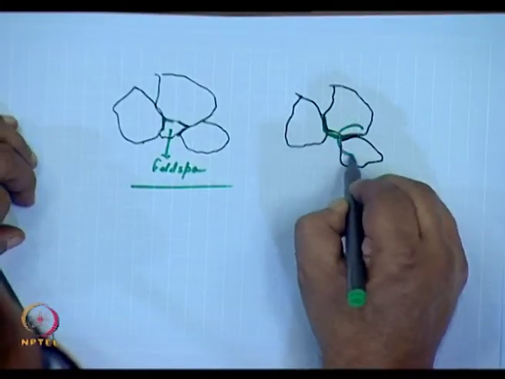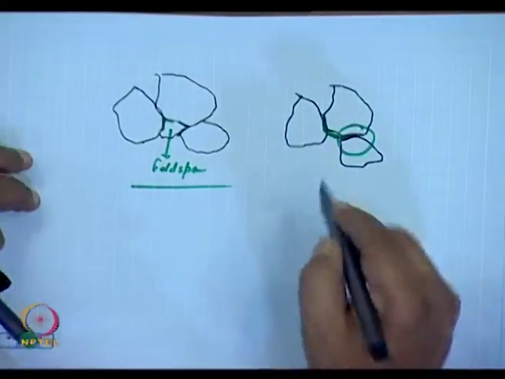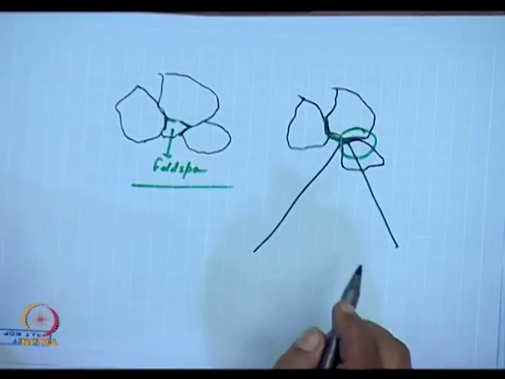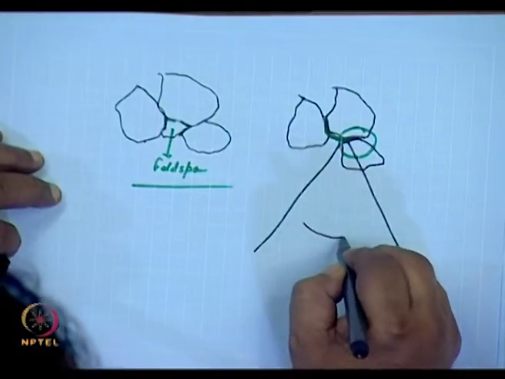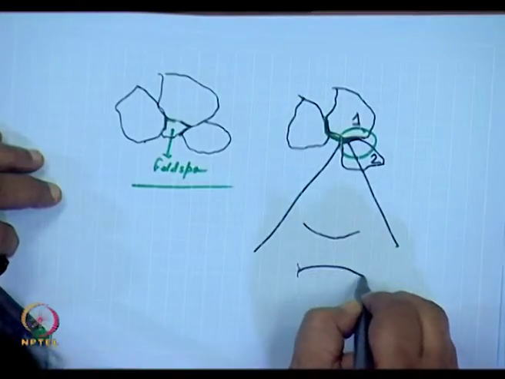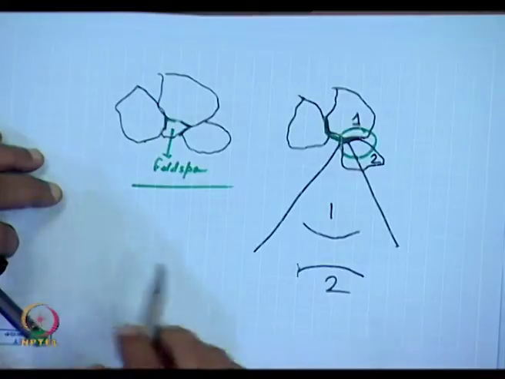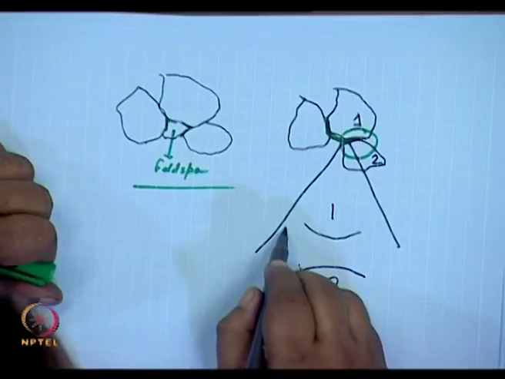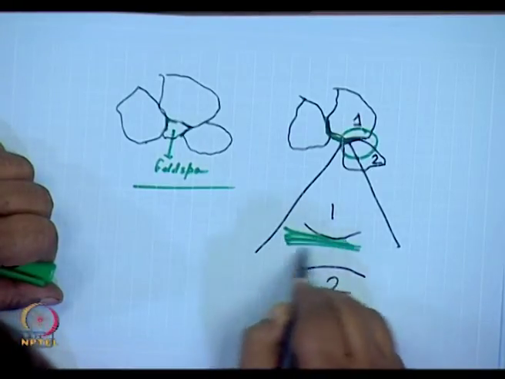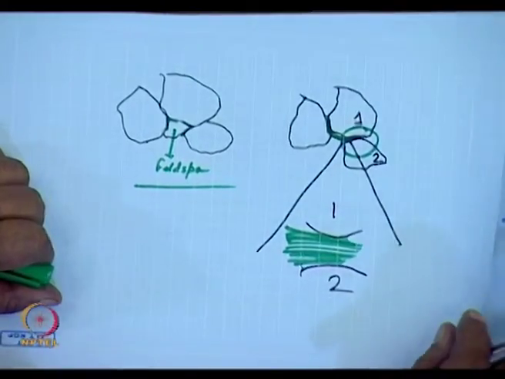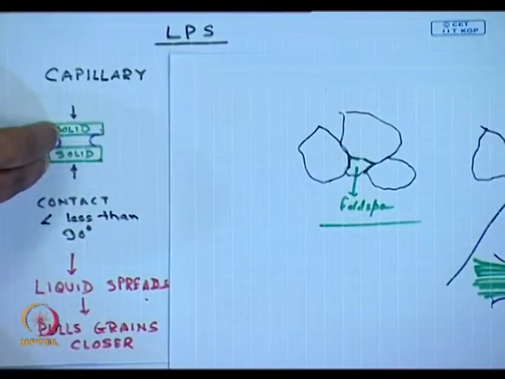Now, if I blow this part up and look at this under high magnification, what will happen? This is this grain and this is this grain. So, the liquid here will penetrate this area between the grains. If it penetrates, if it wets, then it will start pulling the particles together.